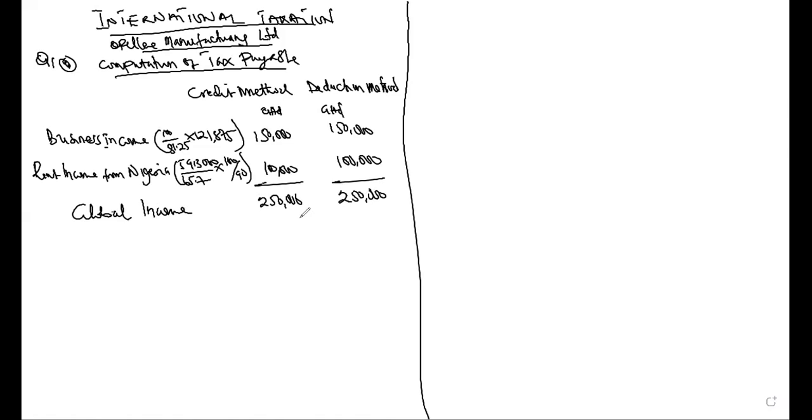Now we are using the two methods, credit method and deduction method. Under the credit method, the tax paid in the foreign country will be given to you as a tax credit. It means you include the gross foreign income when computing the tax payable for the period, and after you have gotten the tax payable, you now have to deduct the foreign tax paid.